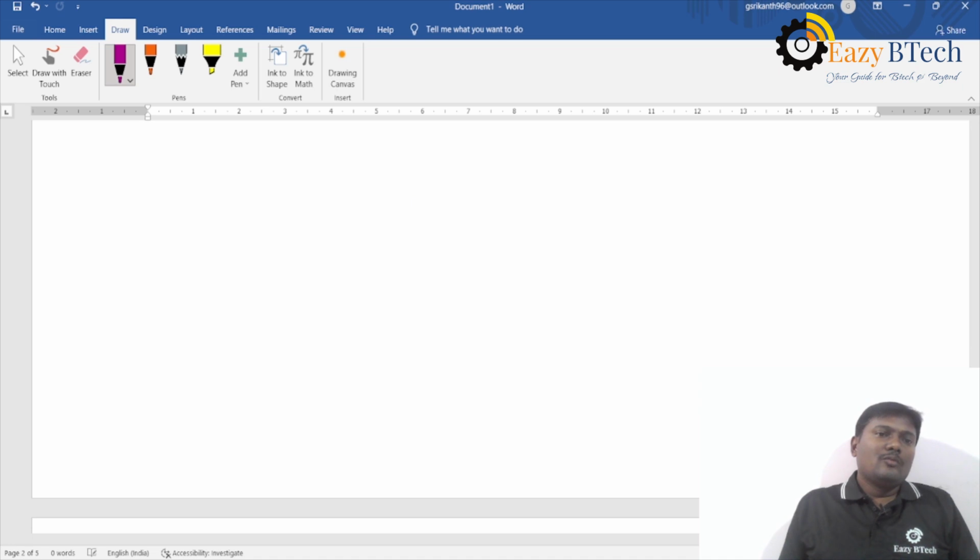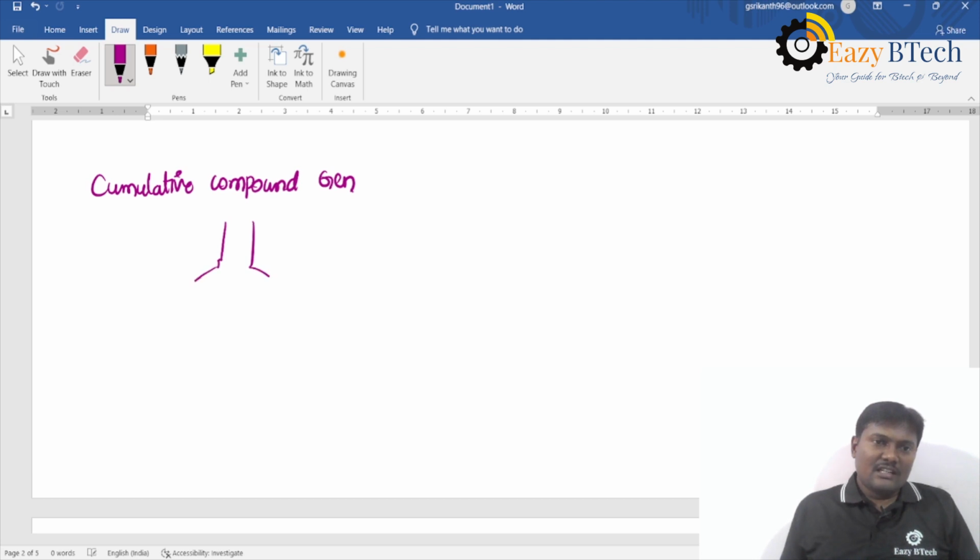So what is meant by a cumulative compound machine? Cumulative compound DC generator. Cumulative compound means I am drawing one pole here. And differential compound.